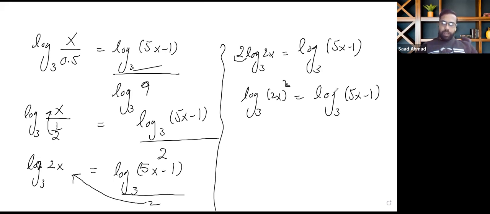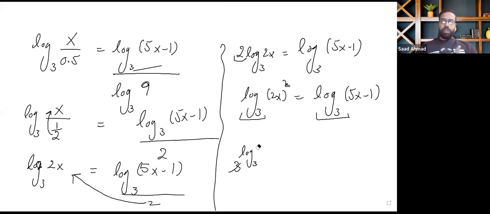Similarly, if we have the same log with the same base on both sides, a log 3 and a log 3 here, we can get rid of these logs by writing them in the power of 3. Power and the log 3, they cancel out each other.